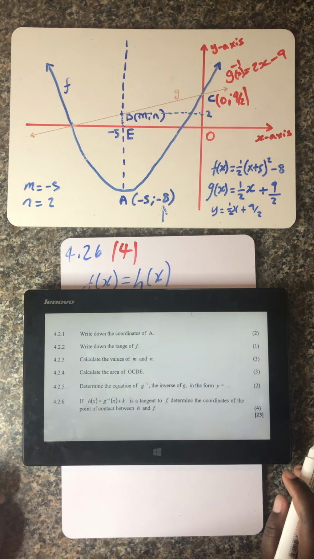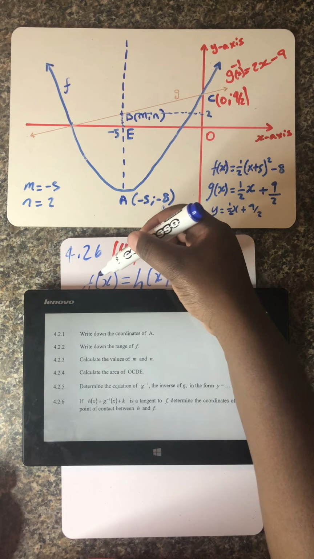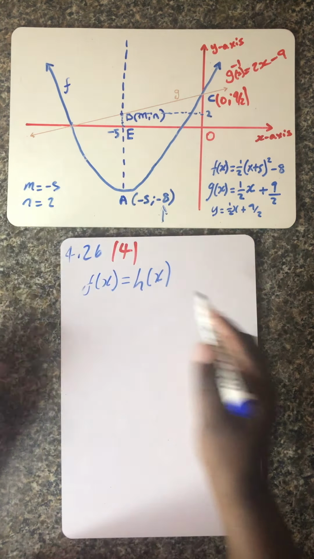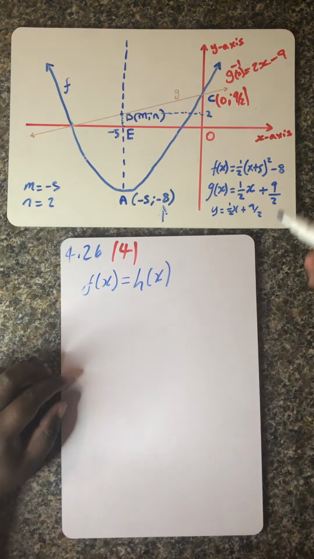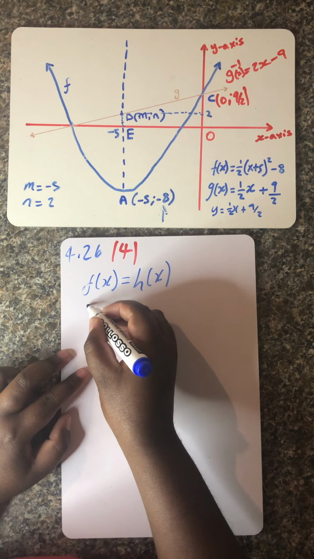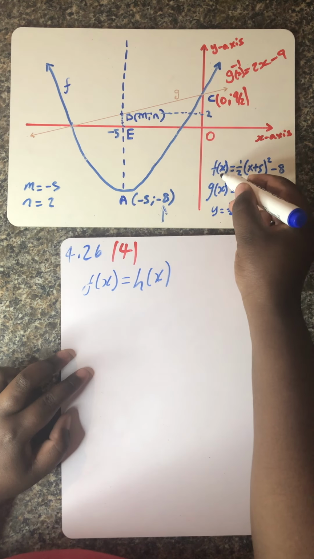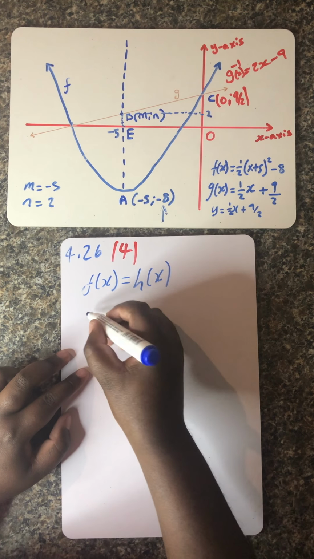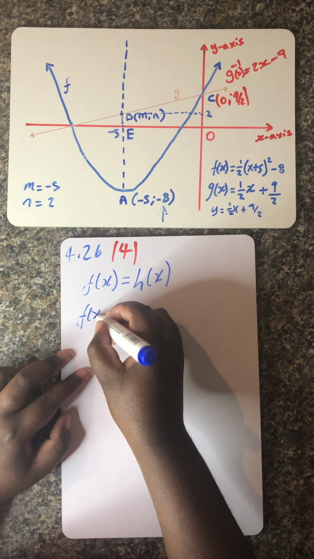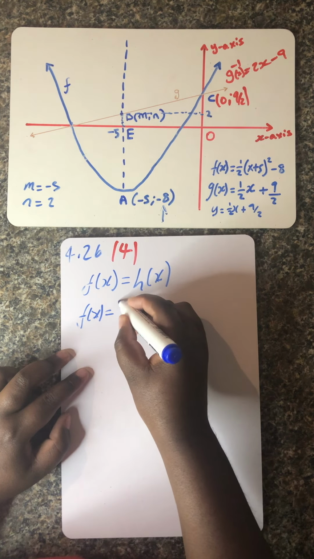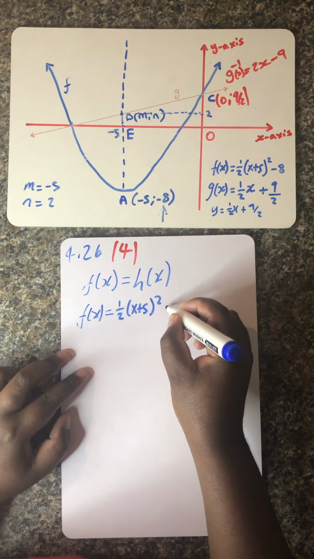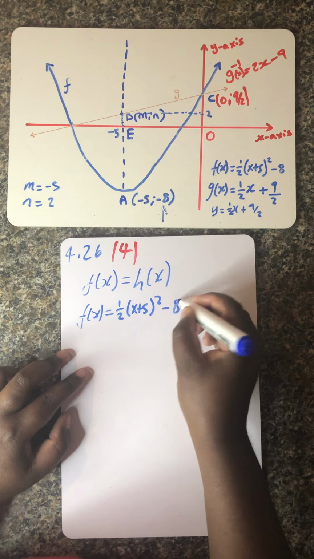Okay, so now what is the equation of the graph of f? Let's now write the equation of the graph of f. This is the equation of the graph of f, you remember. So let's just expand that equation, then we'll get to this one. So we know that f of x is equal to half into x plus 5 squared minus 8.